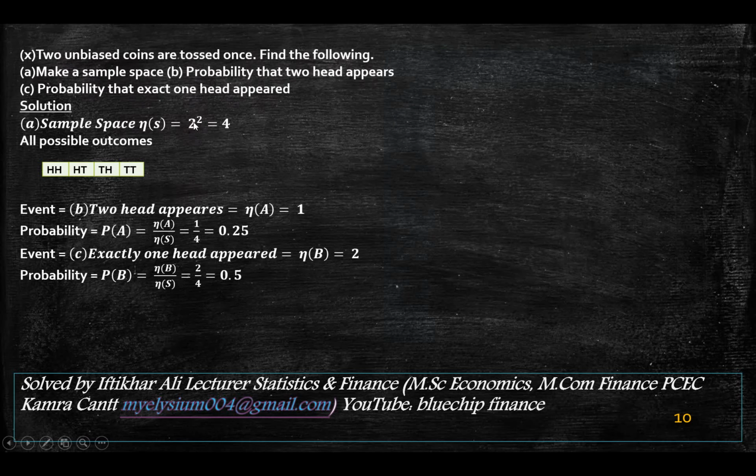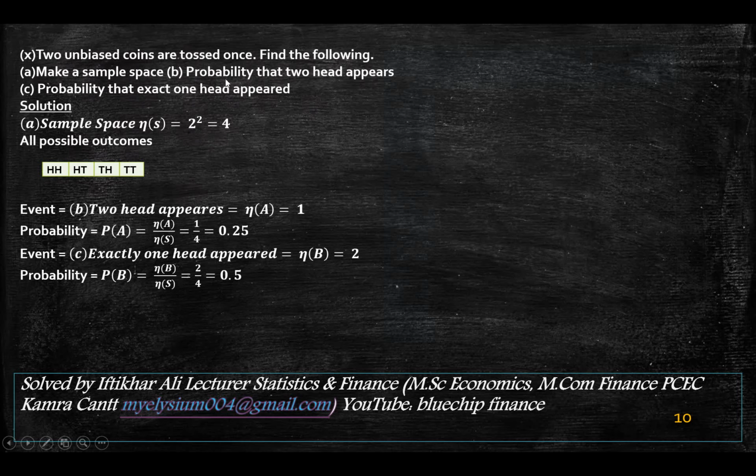Uppercase N means the aspects of the coin, where there are two aspects of the coin, head and tail, and lowercase n is the number of coins. So there are two coins, so 2 raised to power 2 equals 4, and these 4 outcomes are head head, head tail, tail head, and tail tail.